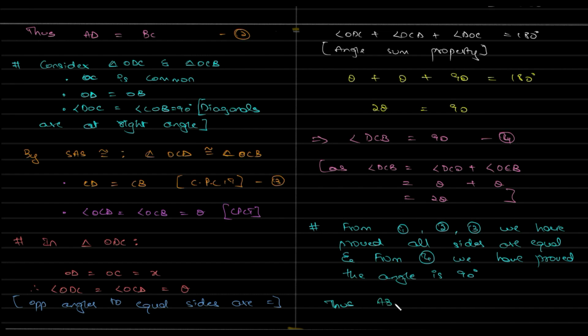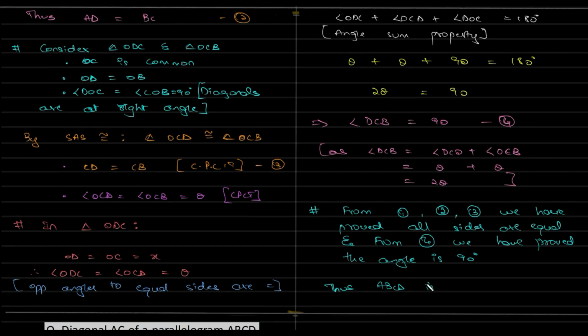Thus ABCD is a square. Hence proved. Right? So this is your answer.